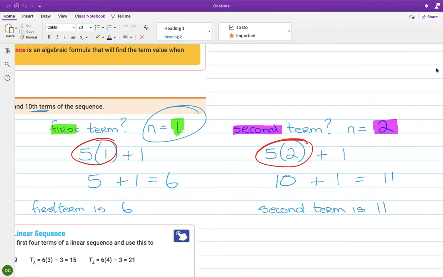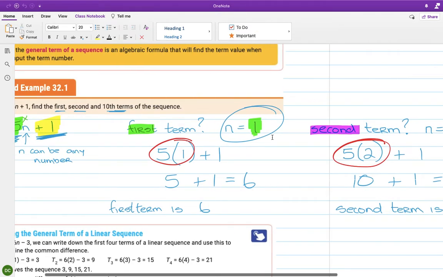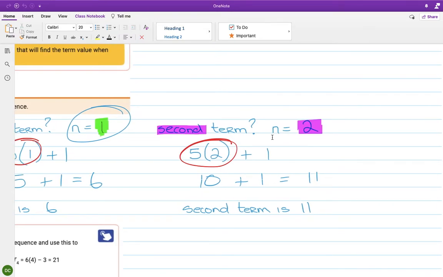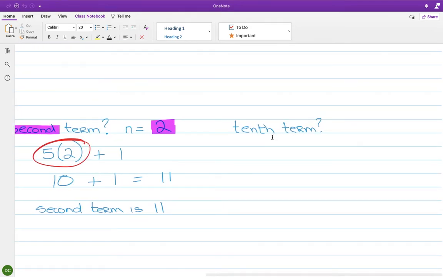Okay? Last part of the question was what's the 10th term? Now we'll look at the sequence in a minute, but let's just do the question. So for the 10th term, I'm going to make n equal to 10. The same formula, I'm going to start with my 5.